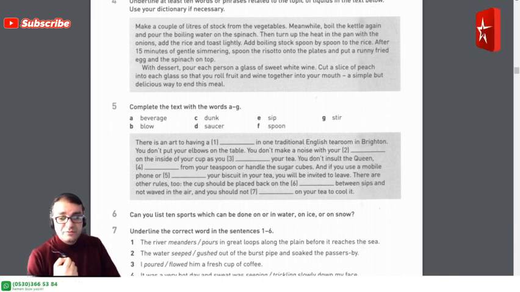Now it's 5:25. Okay, give me by numbers, 1 by 1. What is number 1?